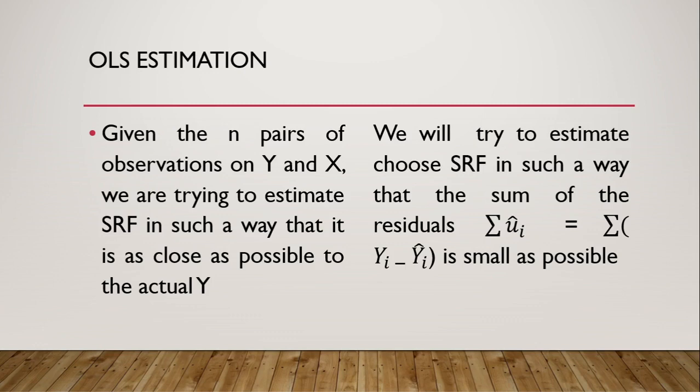We know that the sum of residuals is equal to sigma ui hat. We are adding all the residual terms u1 plus u2 plus u3 plus u4 and so on up to un, which is denoted by sigma ui hat.